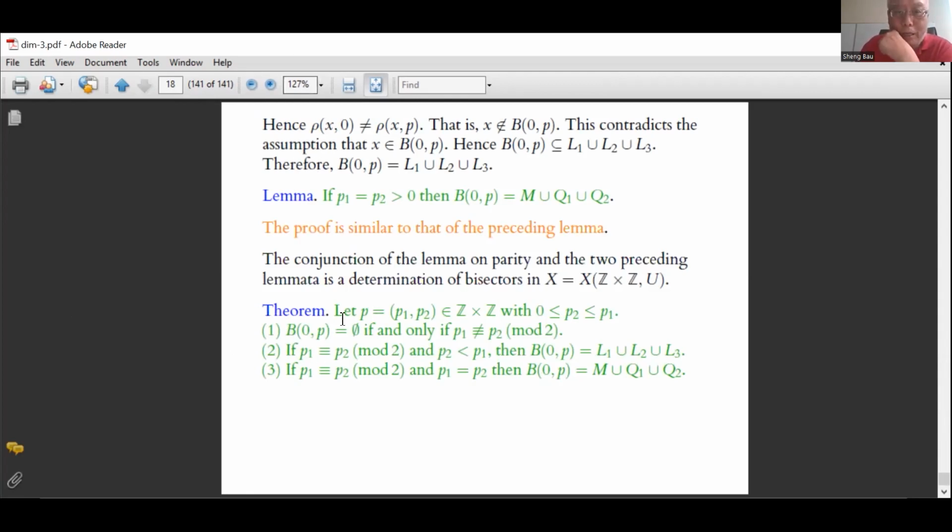The two lemmas preceding that cover these two cases. One is where the absolute values of the distances of the components are equal. The other is where they are not equal.